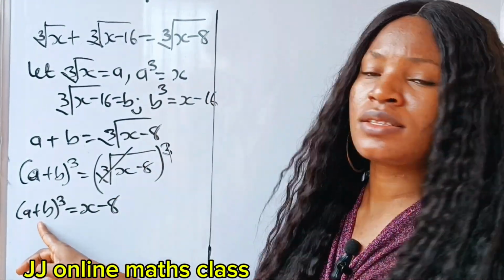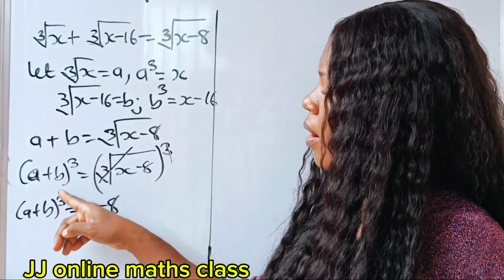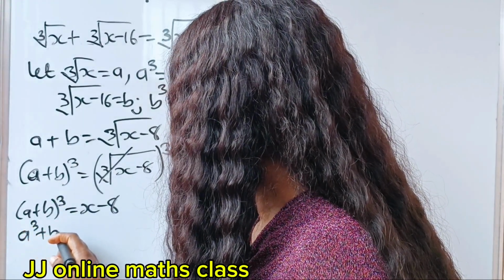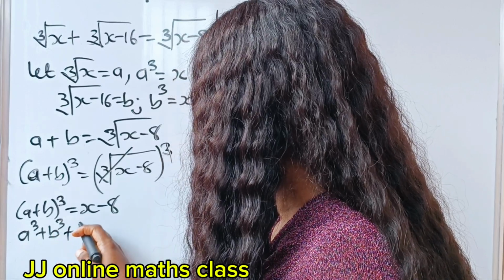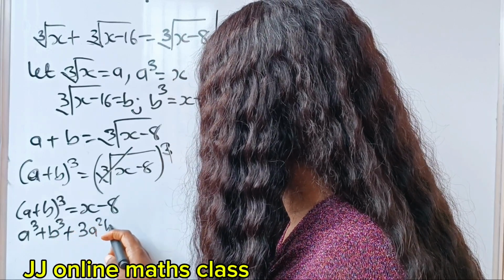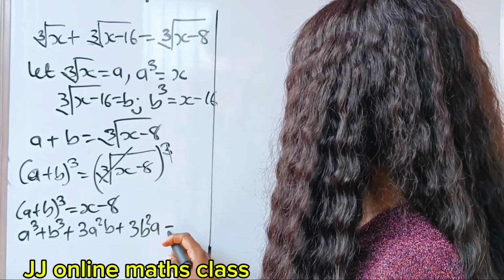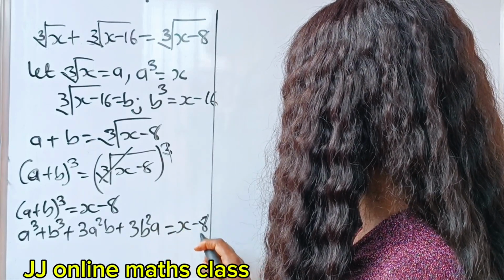The algebra identity for a plus b to the power of 3 is what? A to the power of 3 plus b to the power of 3 plus 3a squared b plus 3b squared a, all right, is equal to x minus 8, right?